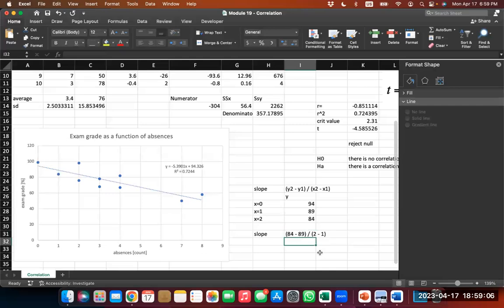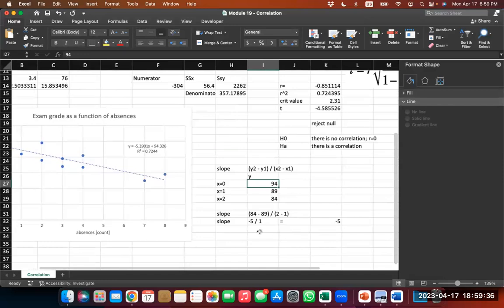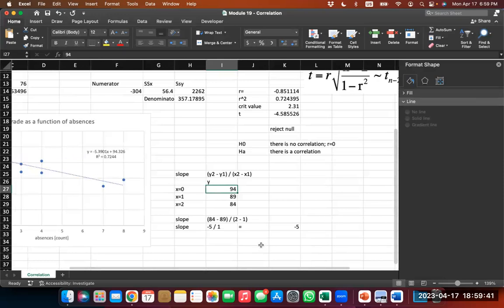That would be nothing else but the slope: minus 5 divided by 1 is minus 5. This is a very rough estimate, but it's consistent with what we see here on this equation. That's how you can calculate the slope by hand. It's important to keep that in mind for the exercises we're going to do on Wednesday.